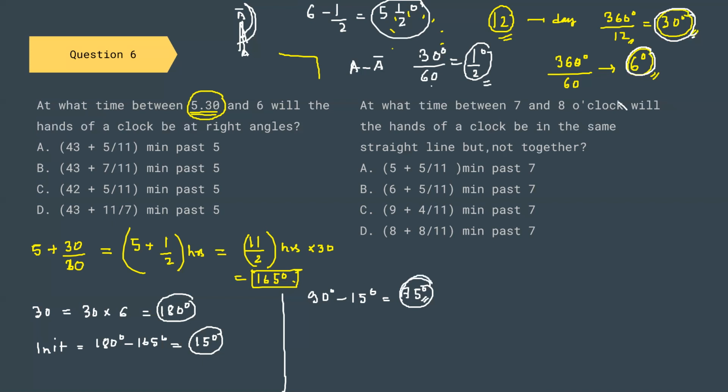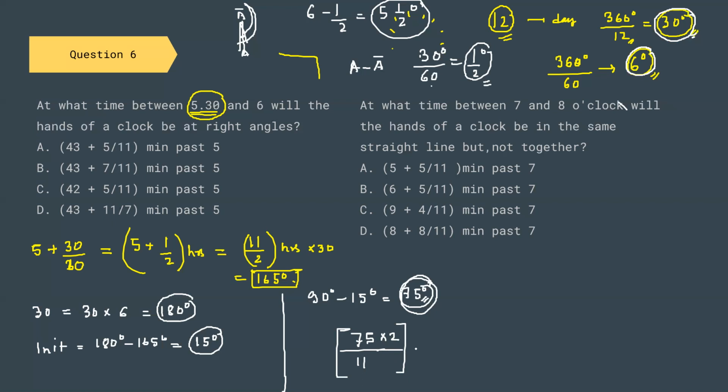We have to cover 75 degrees, and every minute we are covering 5.5 degrees. So 75 divided by 11 by 2 is the number of minutes that we are going to take to cover 75 degrees.